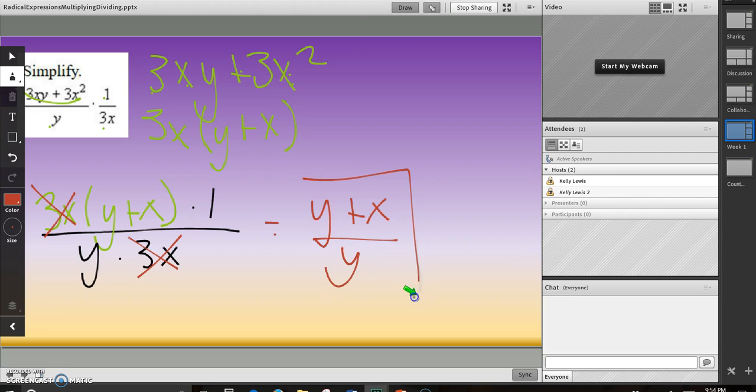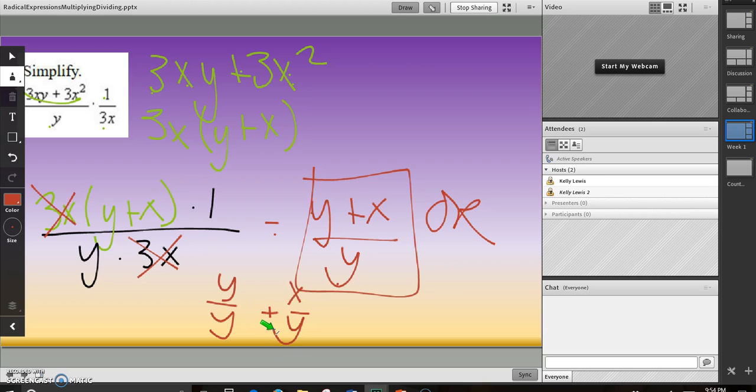I can leave it like this, or y over y plus x over y. I can split it up into two fractions. And y over y is simplified to 1 plus, and then x over y cannot be simplified. So it's either y plus x over y, or you could simplify it to 1 plus x over y.